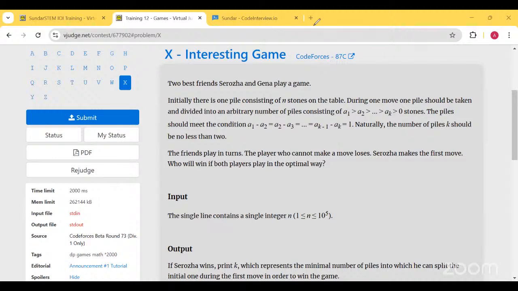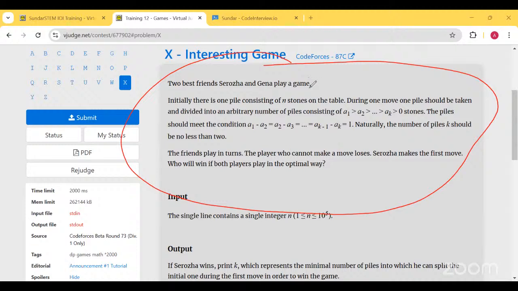The Grundy number for this case is the max of the XOR. But I cannot prove it. Can you prove it? How to prove that?